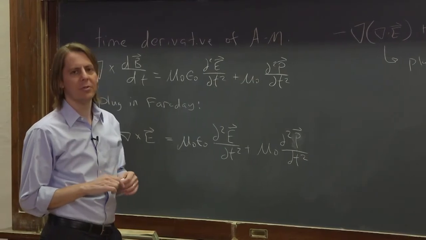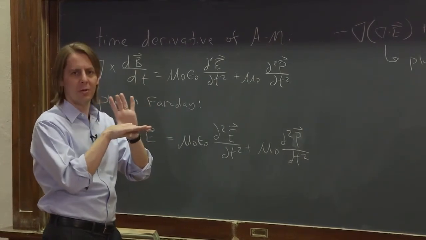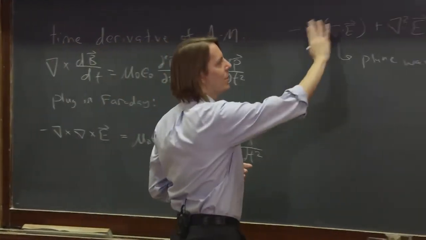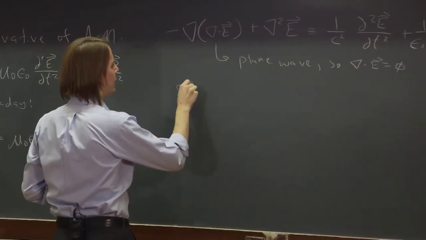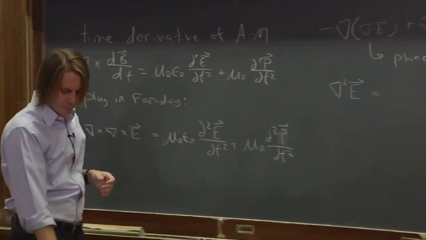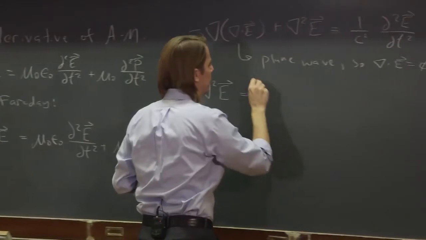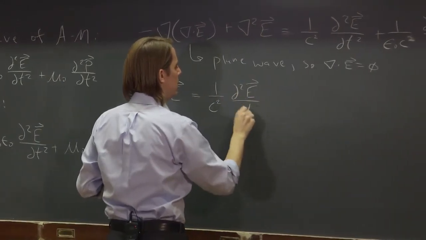If you think about the properties of a plane wave that only oscillates in a direction perpendicular to the direction it travels, that part will still be 0. So we can ignore this term. So then we have del squared E equals this part. And next thing we want to do is keep this 1 over c squared d²E/dt².